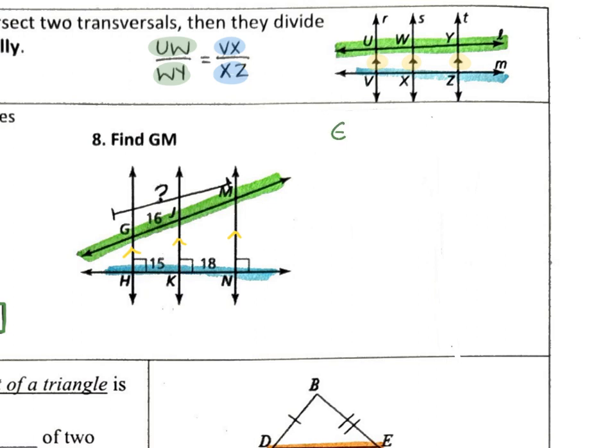We would say GJ over JM is going to be equal to the blue HK over KN. We fill in what we know. GJ is 16, JM is, I don't know, X. HK is 15, KN is 18. So I popped an X right here for JM since I actually don't know that distance.